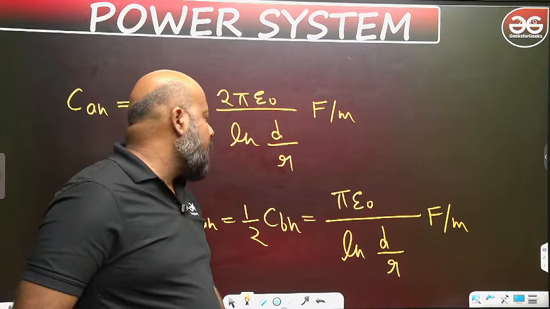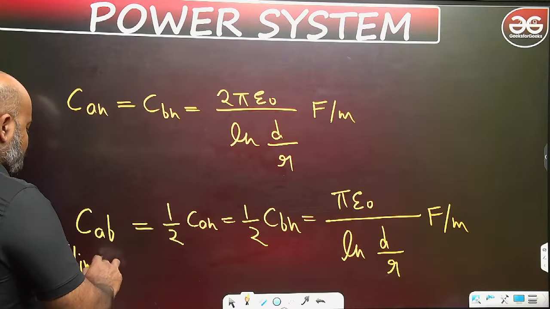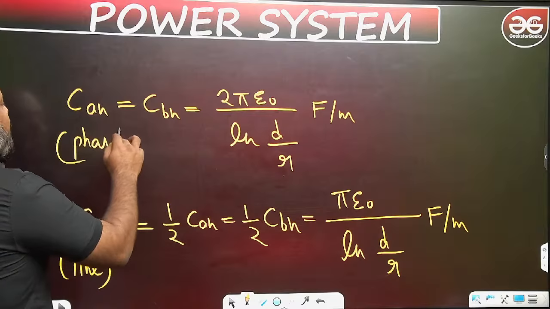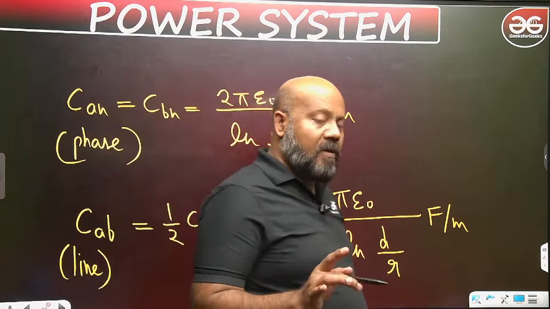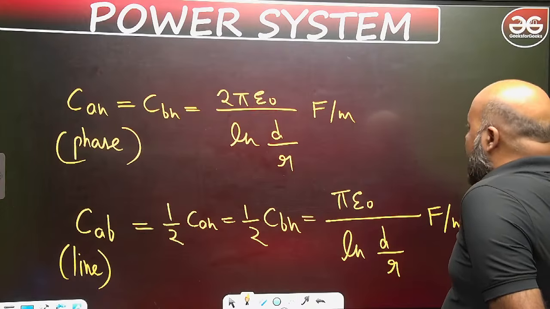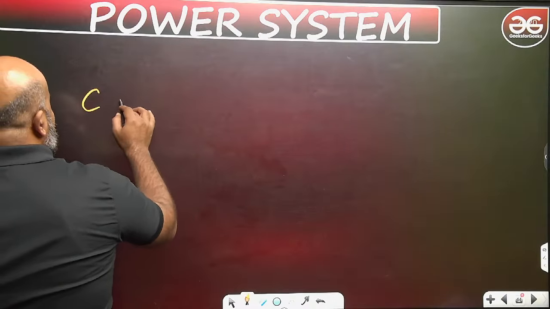Are you getting this? So when you are talking about the line capacitance, then you have to use this formula. If you are talking about phase capacitance, then you have to use this formula. Be very careful. Now suppose you are talking about the general expression for the capacitance.